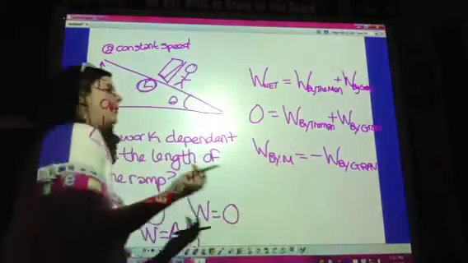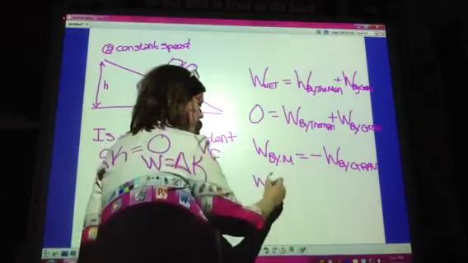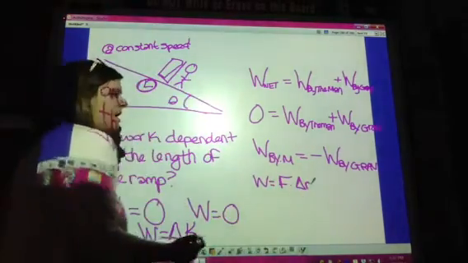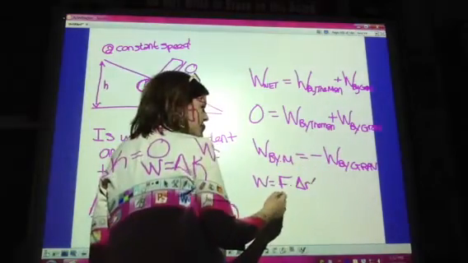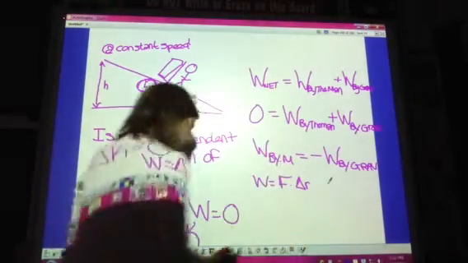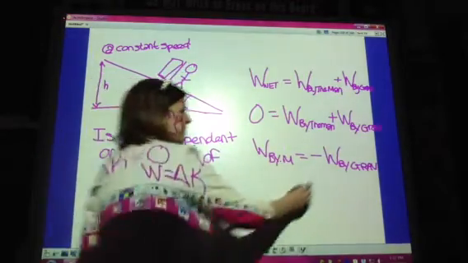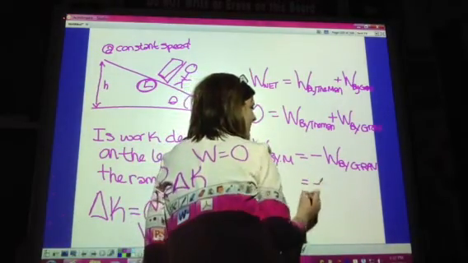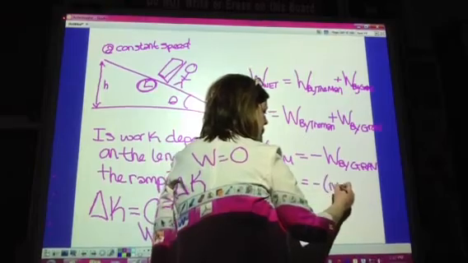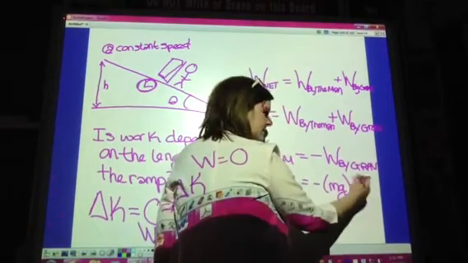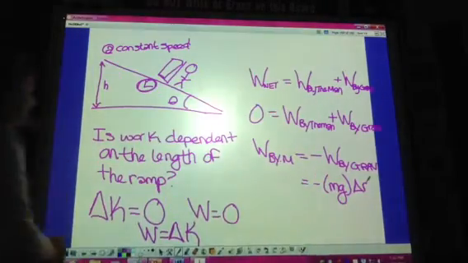If we think about work as being a force times a displacement, the force of gravity is just m times g. So I could say that is equal to a negative mg, and then I still have that displacement vector here, delta r.